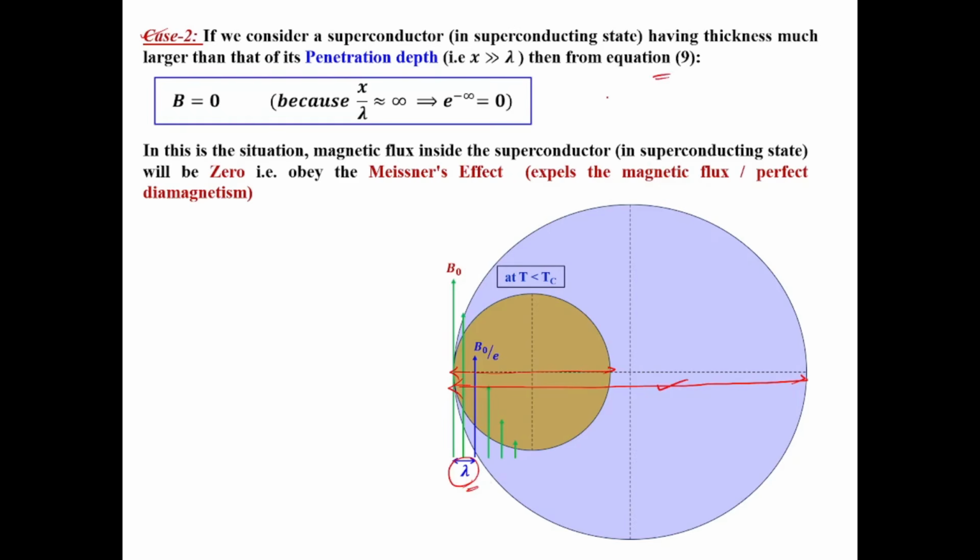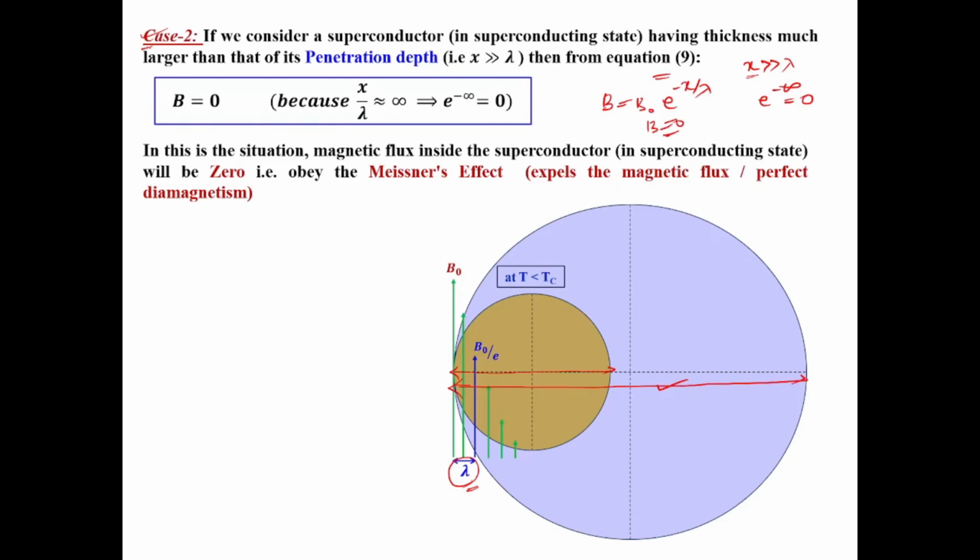From equation number 9 we found B equal to B naught e to the minus x by lambda. If we consider the situation x larger than lambda, then e to the power minus x by lambda will be e to the minus infinity, because x is greater than lambda. So e to the minus infinity means 0, and we find B equal to 0.